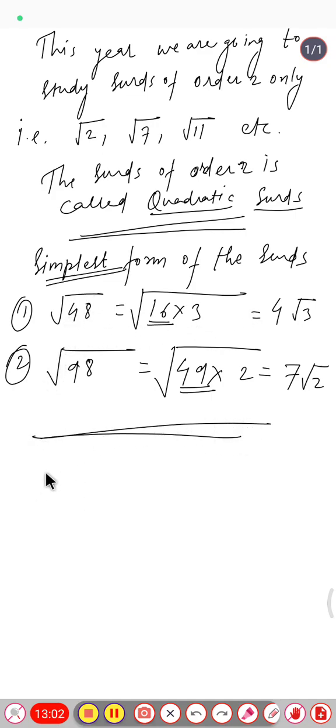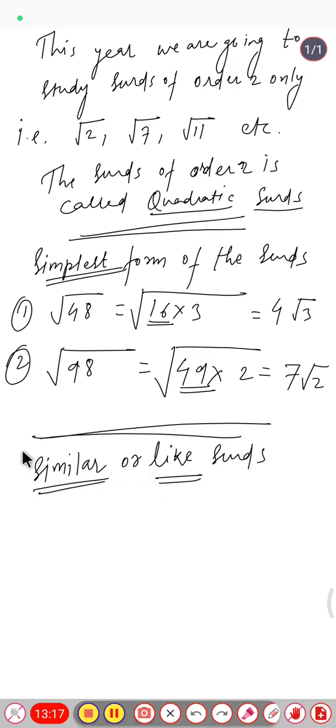Now after that, the similar or like surds. As the name indicates, similar or like surds.